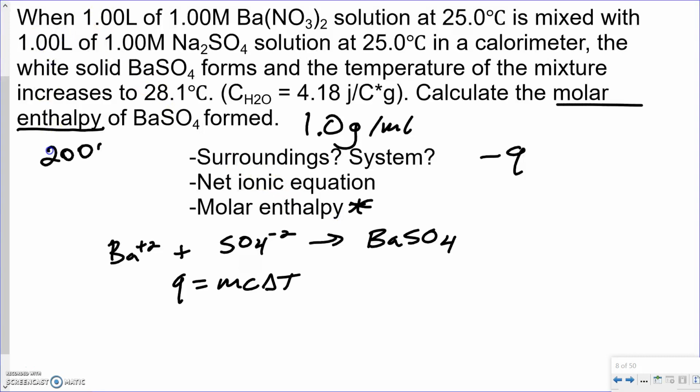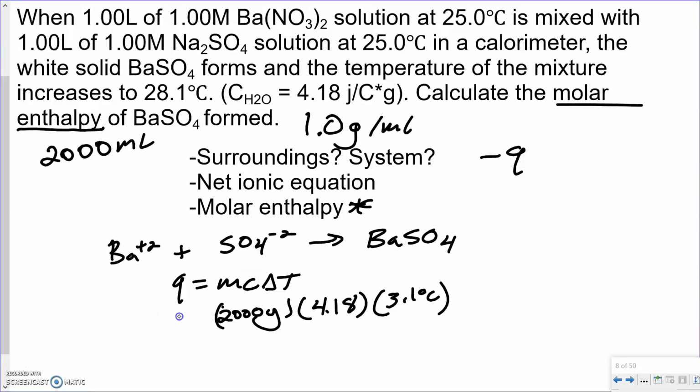So we have 2,000 milliliters, which means for every milliliter we have 1 gram. So we have 2,000 grams of solution here as our mass. Our specific heat capacity is 4.18, and our change in temperature is the 25 to the 28.1, which means we have a 3.1 degree temperature change here. Okay, and we calculate our Q accordingly.